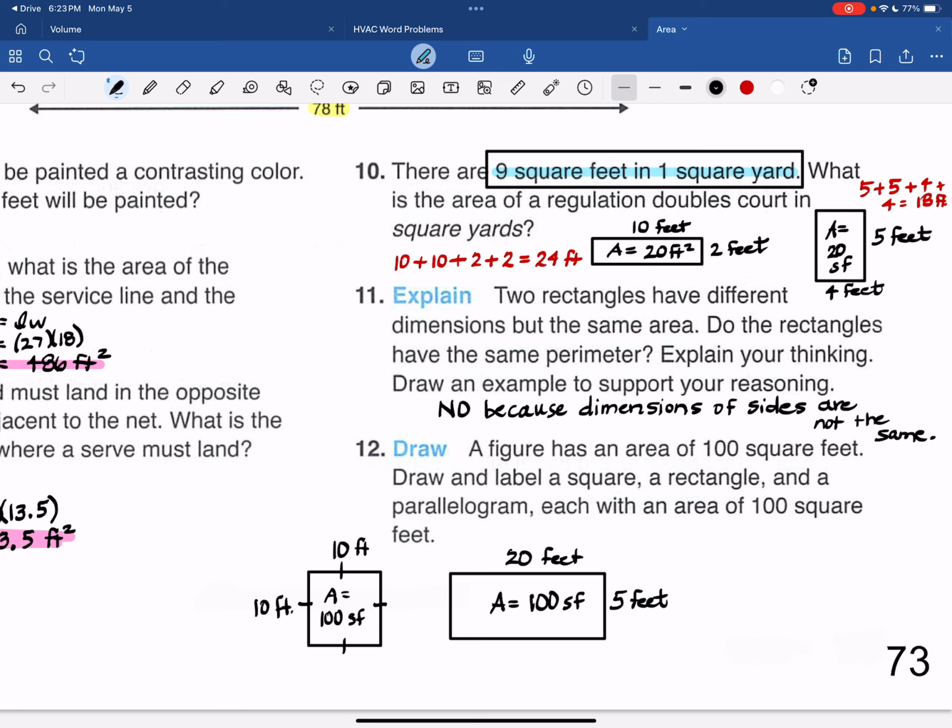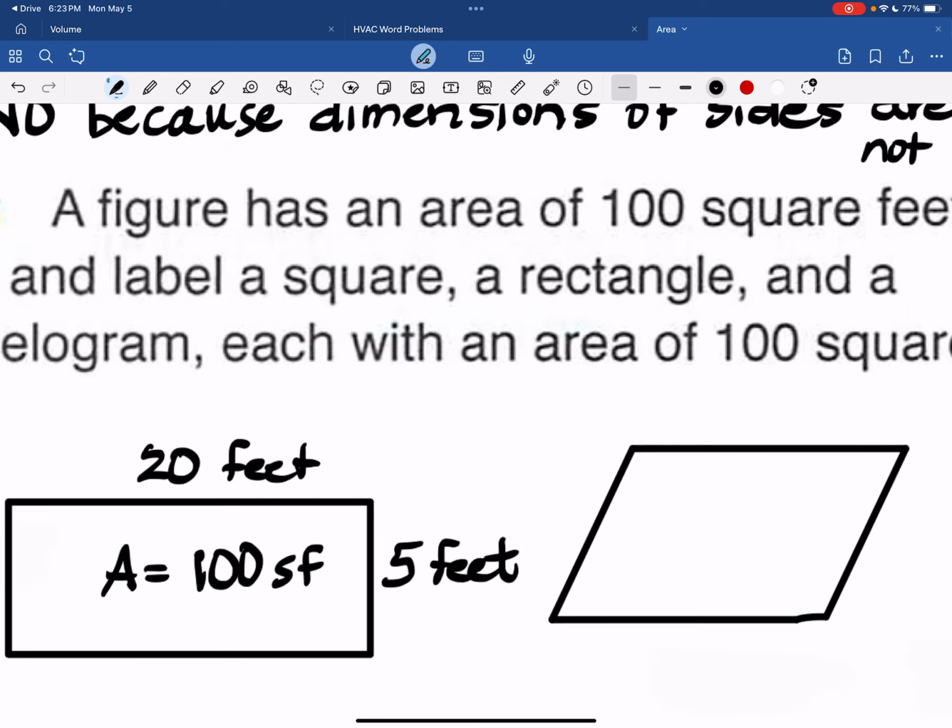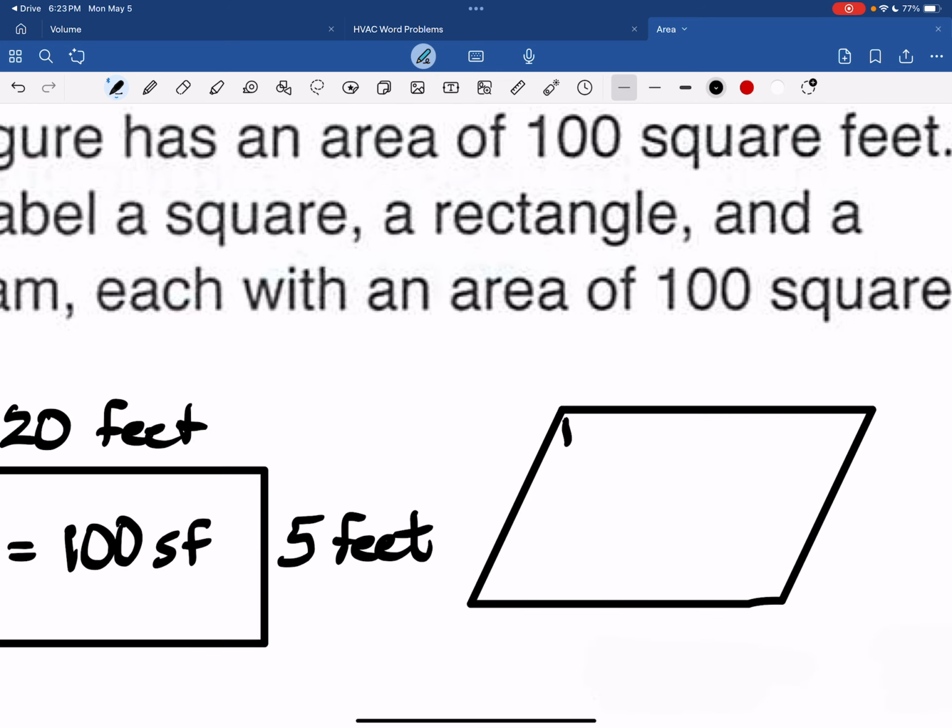A parallelogram. It's a little bit harder to draw, especially with my art skills. Now remember, the leaning side is not your height. You have to get a perpendicular height. So the height has to make a 90-degree angle with the base.